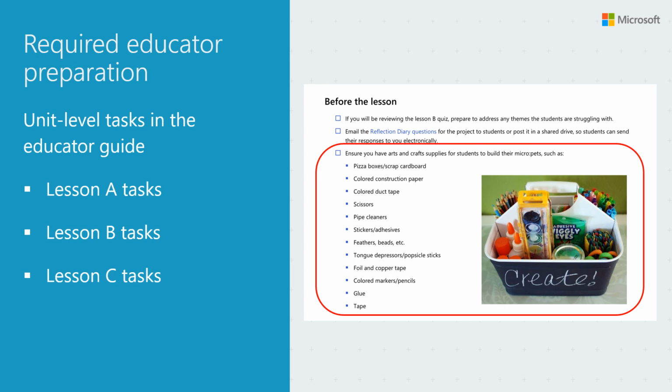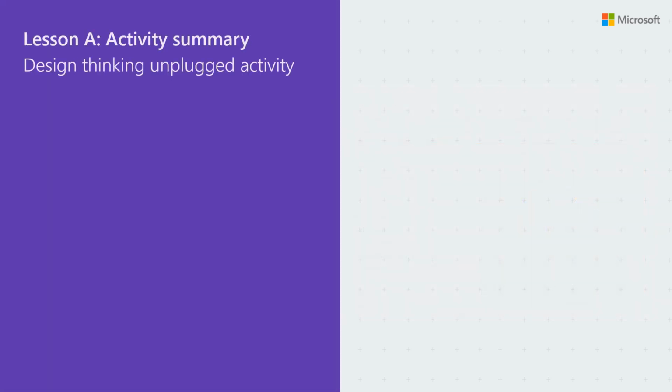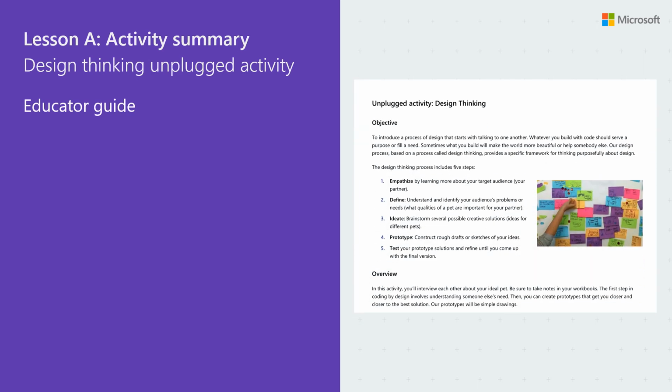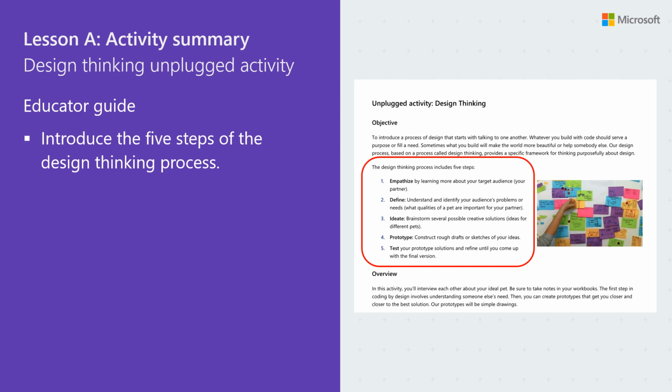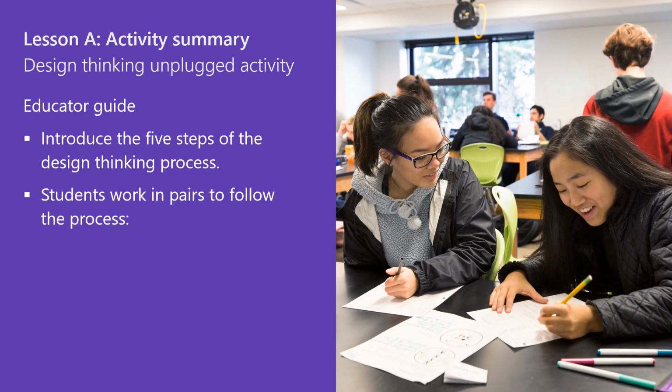Now the main activity in Lesson A is this design thinking unplugged activity in the Educator guide. Now you'll start by explaining the 5 steps of the design thinking process, and then students will work in pairs to practice those steps by interviewing each other about their ideal pet.